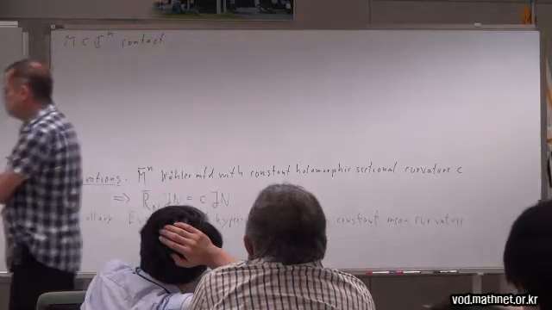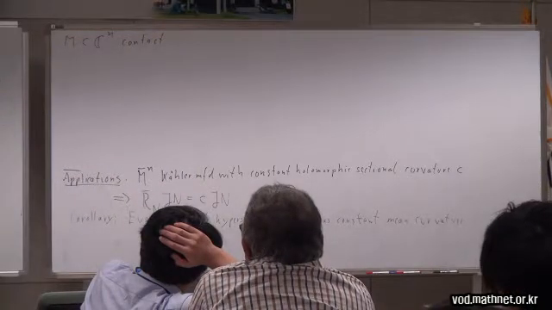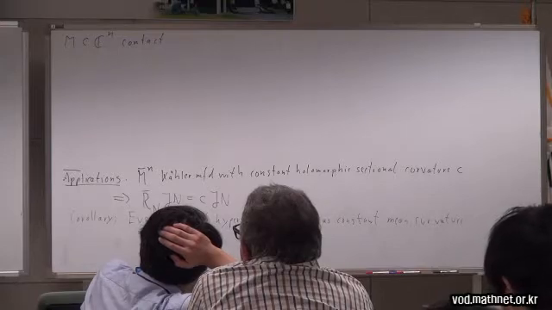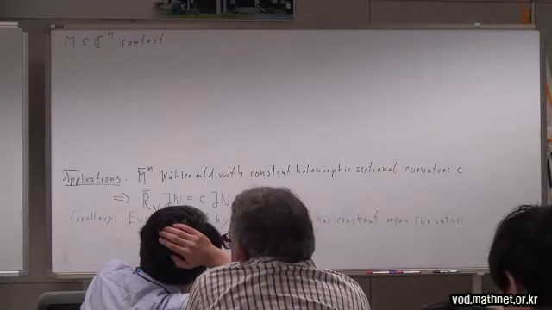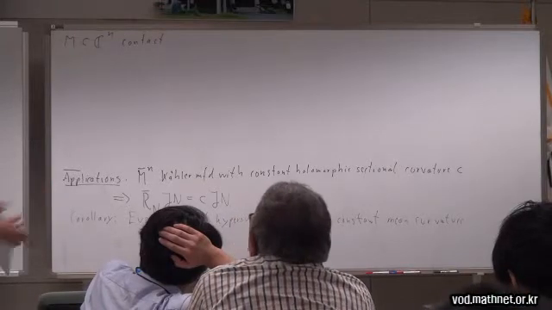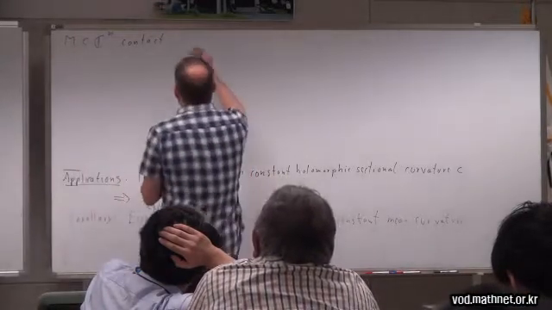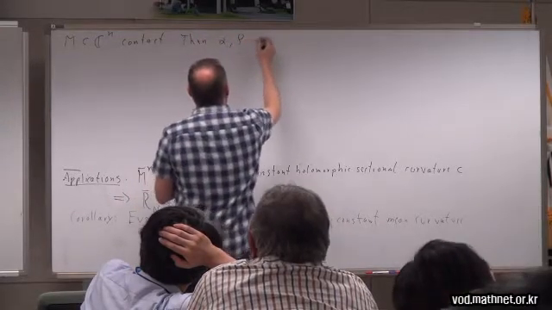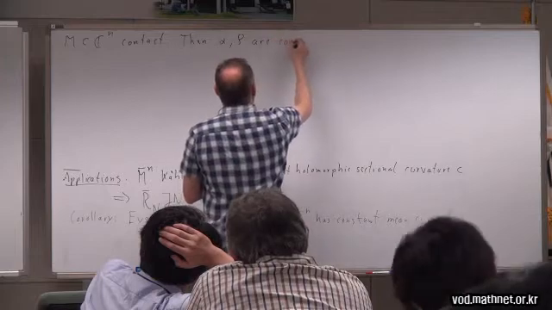So what do we know? We know rho is constant, we know the mean curvature is constant, we also know that alpha is constant. Everything is constant. It's good. So then alpha and rho are constant.